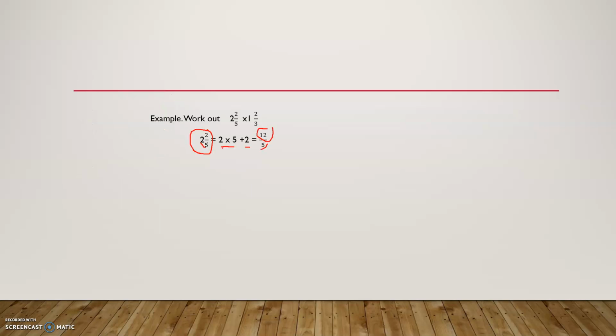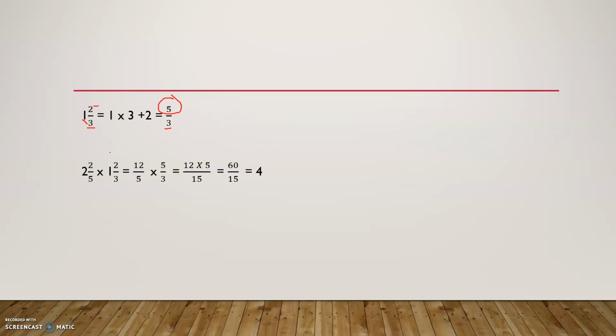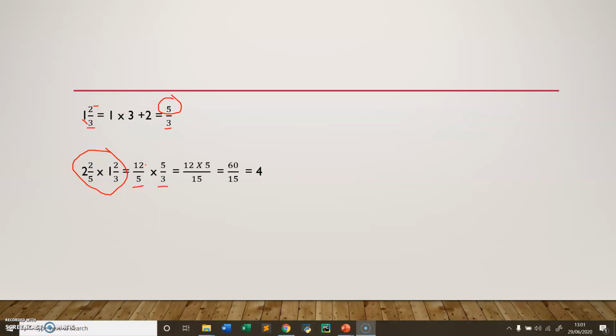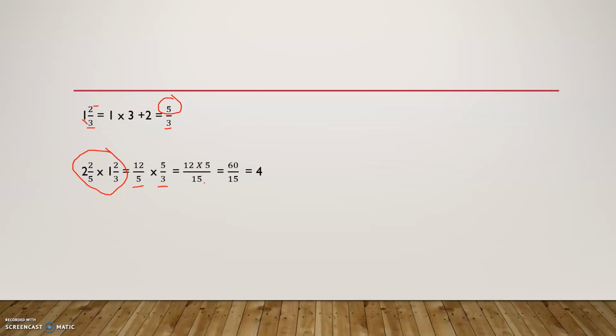So the question was 2 and 2 over 5 times 1 and 2 over 3, which we can write as 12 over 5 times 5 over 3. Now we can write these two numbers as 12 times 5 on top, 5 times 3 on the bottom, which is 15.